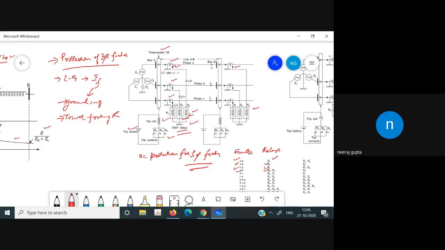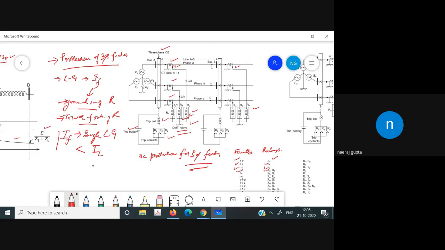And it may happen that sometimes the value of this tower footing resistance is very high, and the grounding will be such that the resistance value is very high. In that very case, it might happen that the fault current in case of single line to ground fault can be less than the load current.